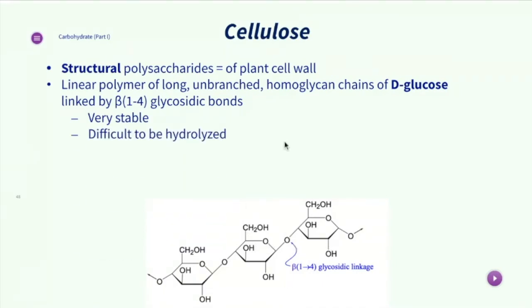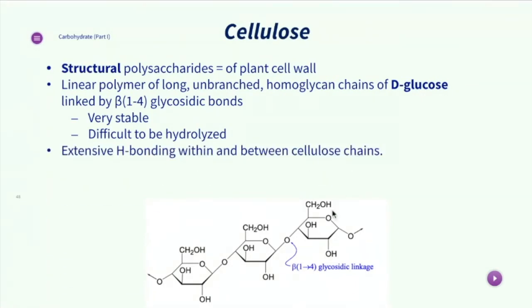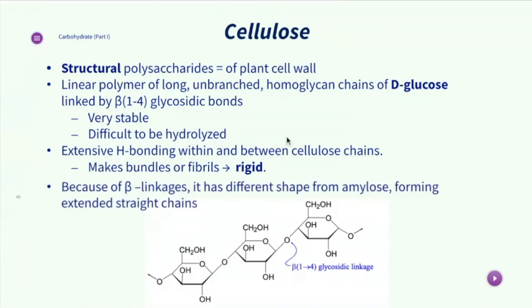The beta 1,4 glycosidic bond is very stable and difficult to hydrolyze, and there is also extensive hydrogen bonding within and between the cellulose chains. So it makes bundles of fibrils, which become a rigid structure. That's why it makes up the plant cell wall. It is known as the structural polysaccharide.